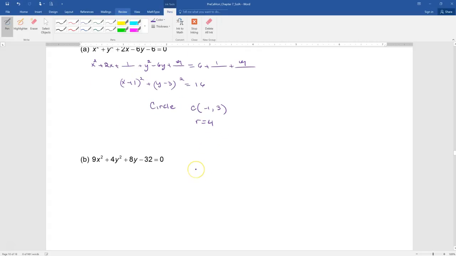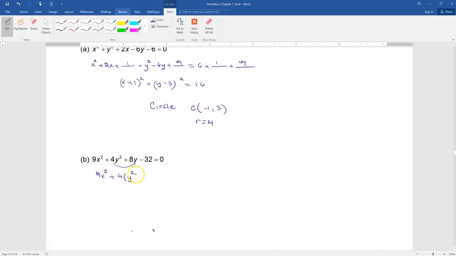That next one. Okay. So, 9x squared. Well, x doesn't have partners, right? Which is fine. But from here, we factor out a 4.